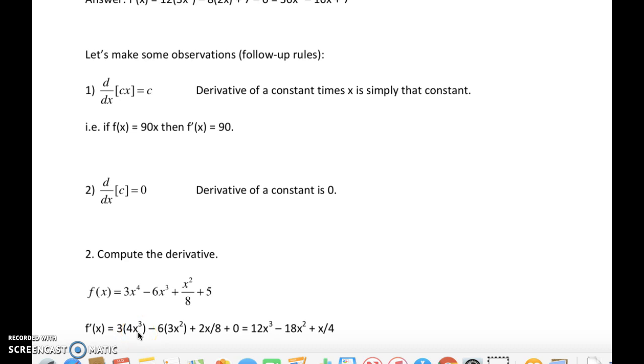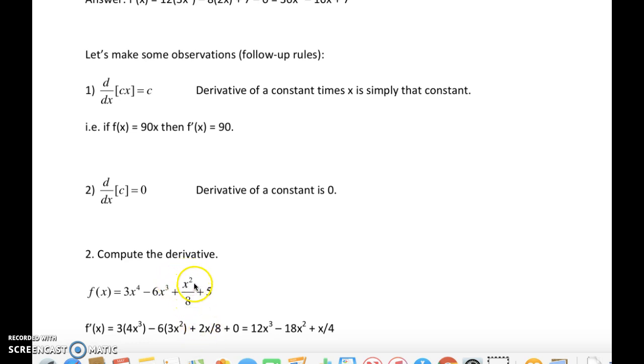I'm going to go ahead for the second term. So the second term has a 6, that's a constant. And for the derivative of x cubed, remember we bring the 3 to the front, subtract 1 from the exponent, and we end up with 3x squared. And then we have x squared divided by 8. You could do a couple different things here. You could consider the 1 divided by 8 as a constant. But that's what's really going on here.